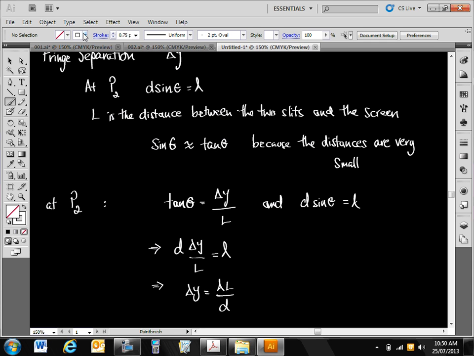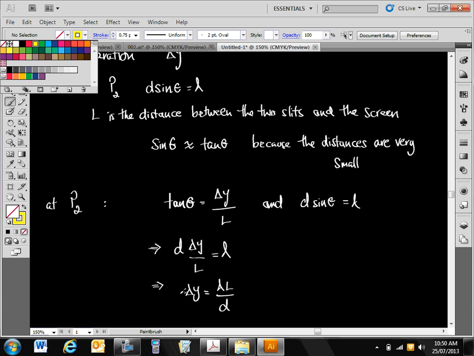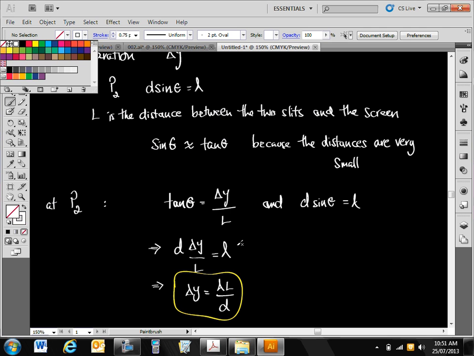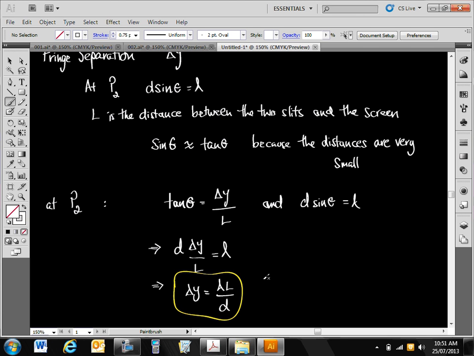And that proof is not examinable, but just to remind you that the last one is, for fringe separation, delta y.